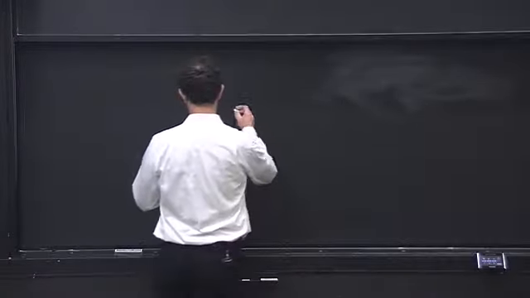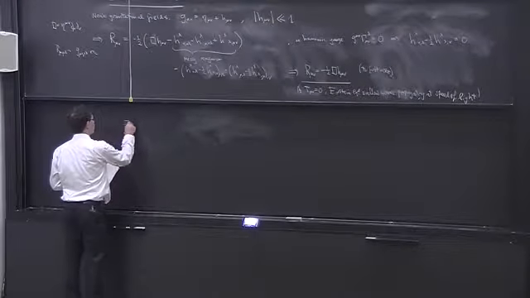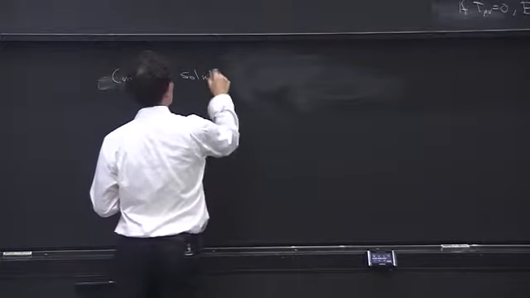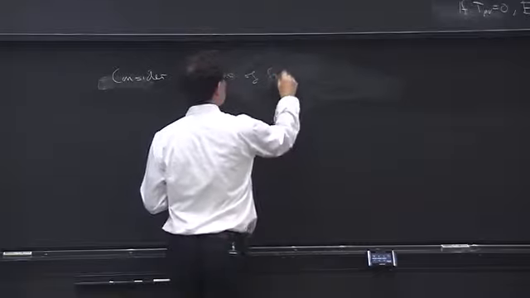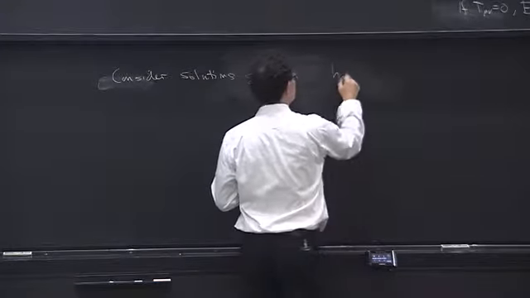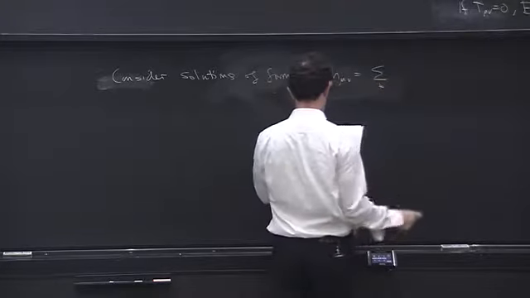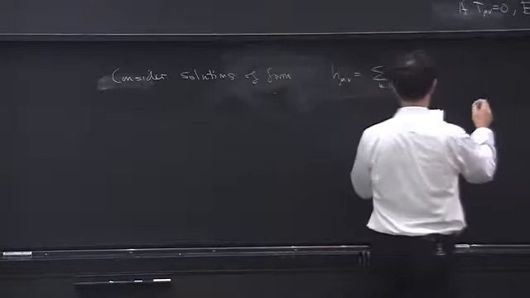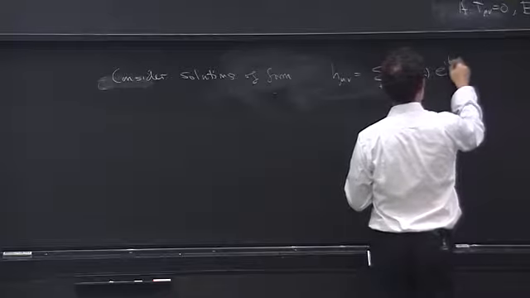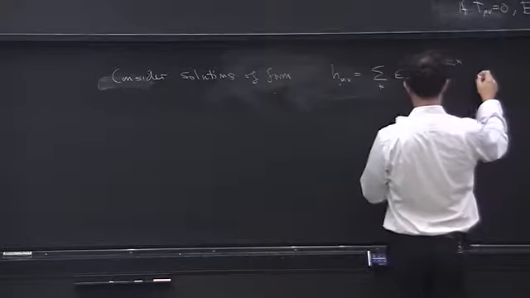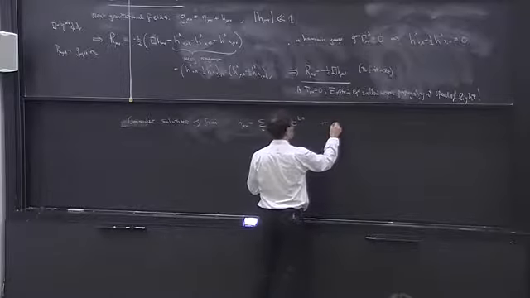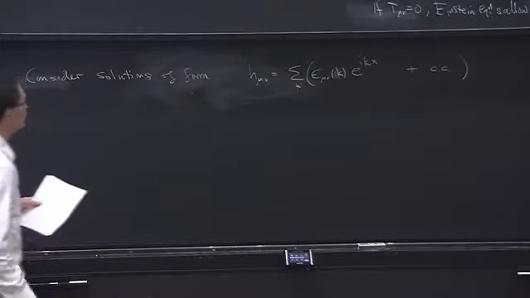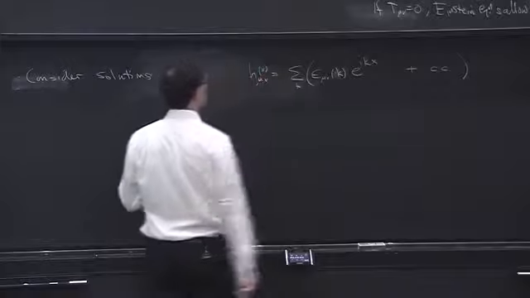Notice that, okay, so consider solutions of the form h_{μν} equals sum over k, ε_{μν}(k) e^{ik·x} plus complex conjugate. K is this 4-vector.